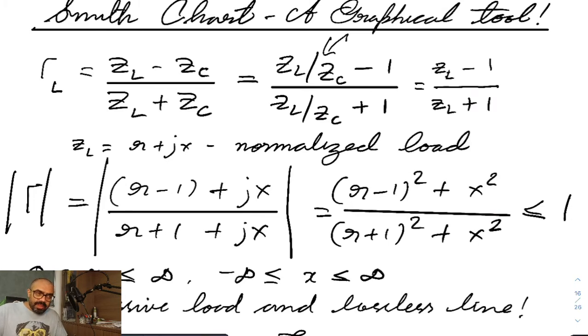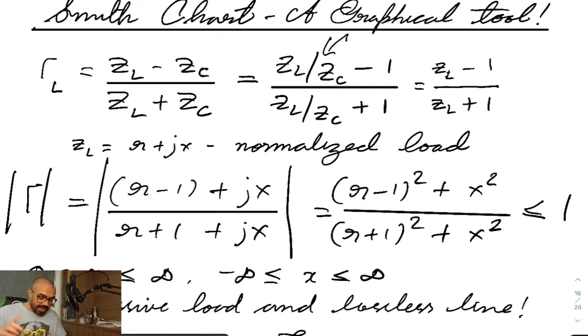Although I have shown you the relationship at the load terminal, at any other point along the transmission line the gamma will be a function of L, and the normalized input impedance at that point will also be a function of L. However, they will still be related by the same relationship.